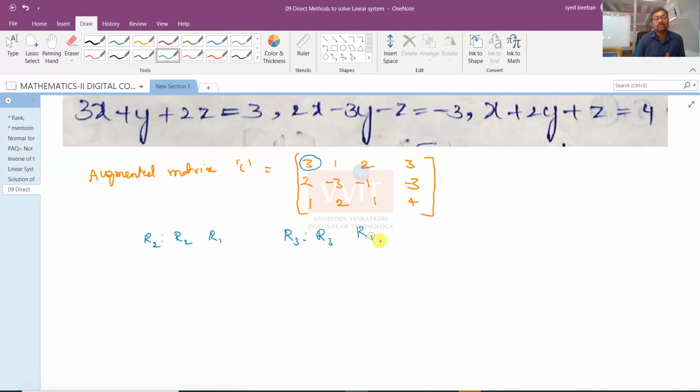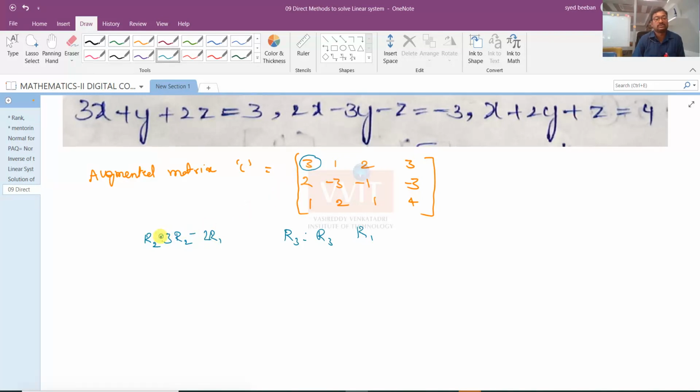If you encircle, it will be easy for you to fix here. So here is 3, here is 2, here is 3. Since both are relatively prime, I need to interchange the coefficients. So R2 is multiplied with 3 and R1 multiplied with 2, and since both have the same sign, I need to subtract.